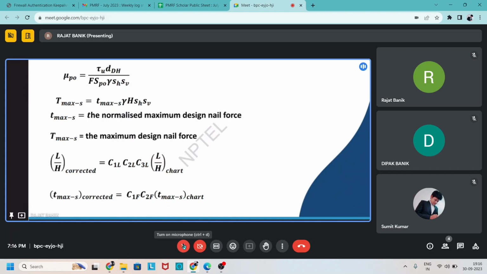So this C1L, C2L, C3L, and C1F, C2F are the correction factors. They are found based on different empirical formulas.